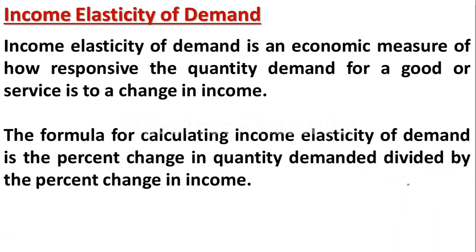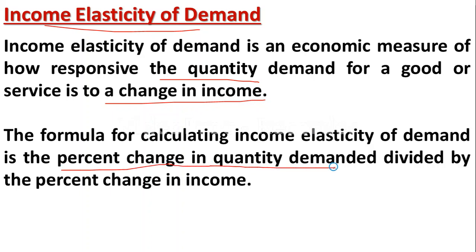The next one is income elasticity of demand. Income elasticity of demand is an economic measure of how responsive the quantity demanded for a good is to change in the income. When income changes, demand for the good is also going to change. It is known as the income elasticity of demand. And the formula to calculate income elasticity of demand is percentage change in quantity demanded divided by percentage change in income.